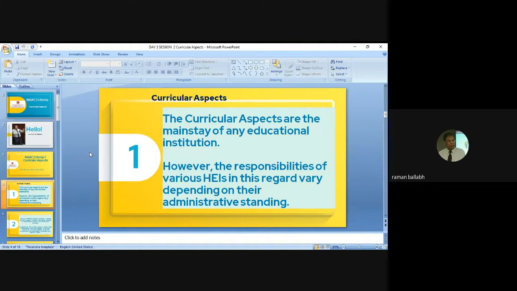So the prime objective of any institution is academics, either from the student side as well as from the teacher side.